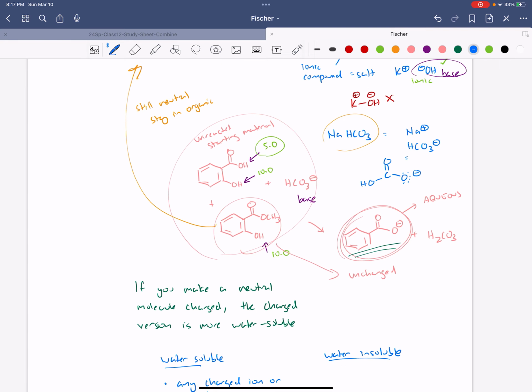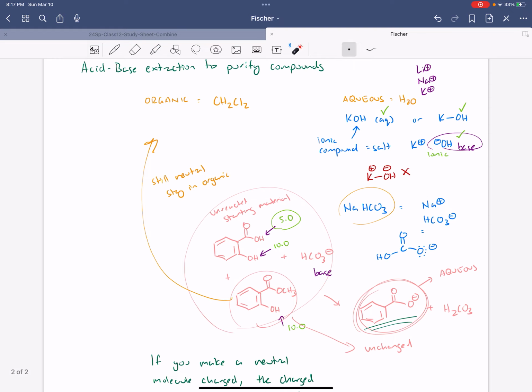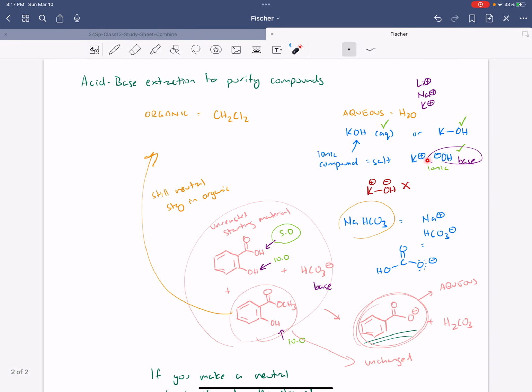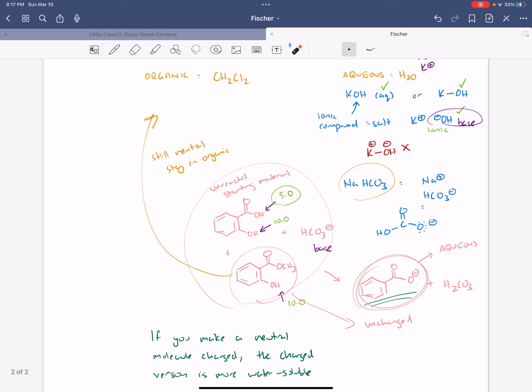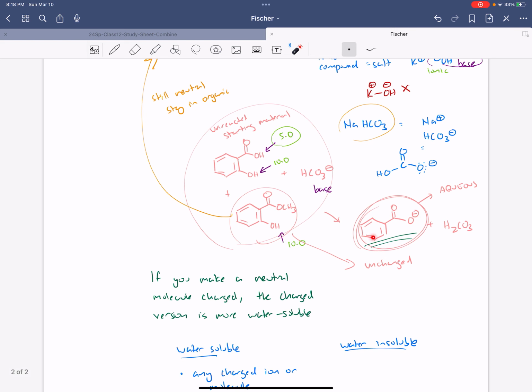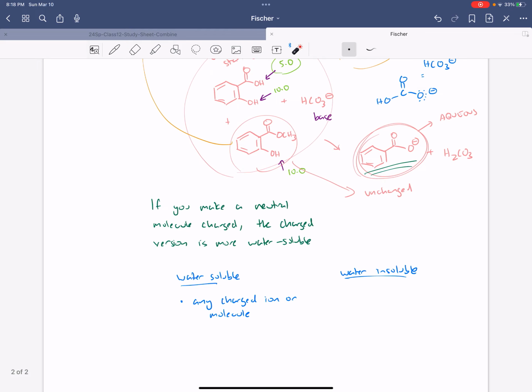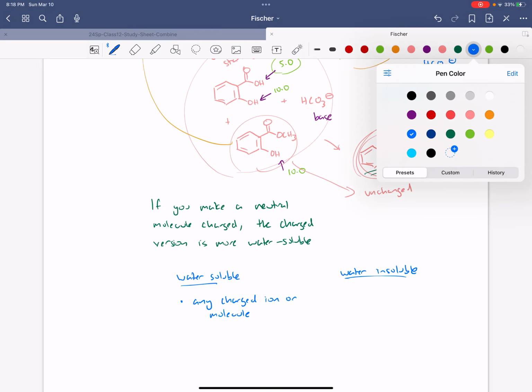That takes care of these guys over here, right? And you could draw it like this if you want, or like this, but never at the same time. Never bond and ions. So that takes care of those charged ions, but it also takes care of molecules that are charged. That we're going to say always is water soluble.